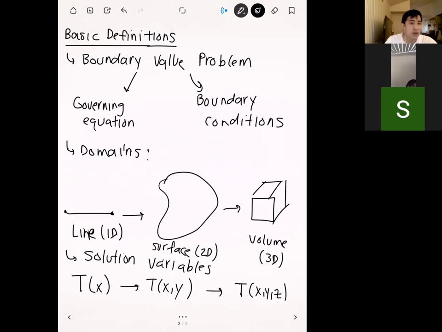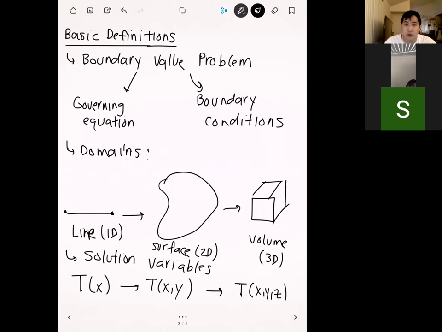Okay. And one other note that I'm going to make is that we're not going to be going into it too much because we're mostly going to stick to heat transfer. But if your solution variable was a vector, say if you're solving for elasticity in a structural problem, or if you're solving for velocity in Navier-Stokes, your solution also becomes a vector itself, okay?